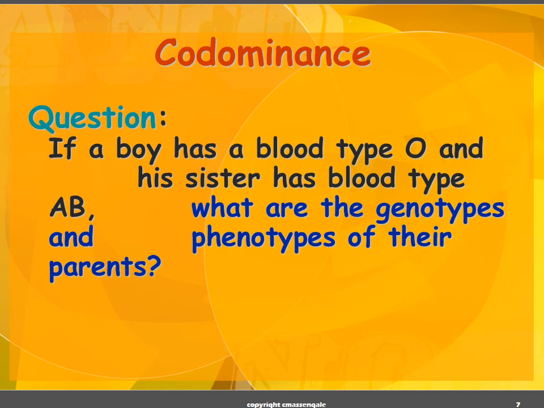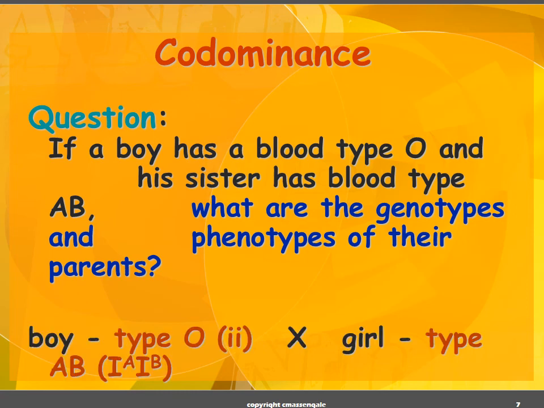The first step though would be to write out the genotypes of the boy and his sister. And that's what it would look like. So you have type O, which we know the genotype of, and we have type AB, which we know the genotype of. Alright? So what do we do? We have to lay out our Punnett square to try and figure out what the genotypes and phenotypes of the parents will be.